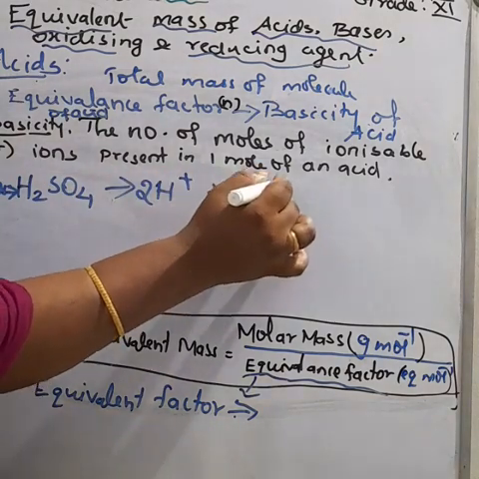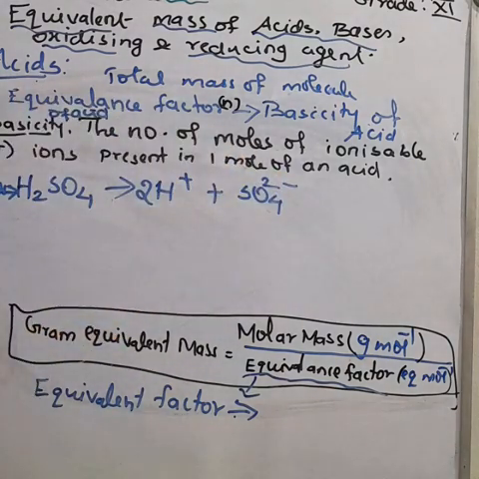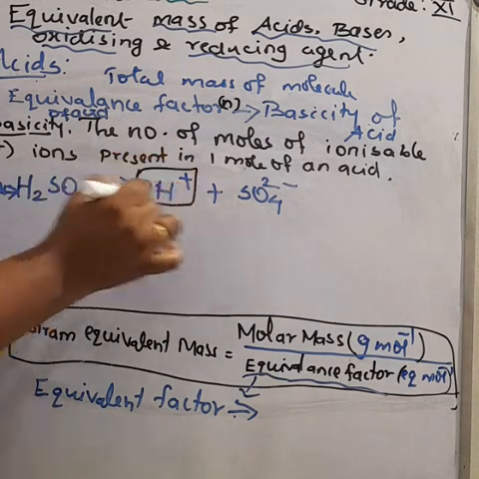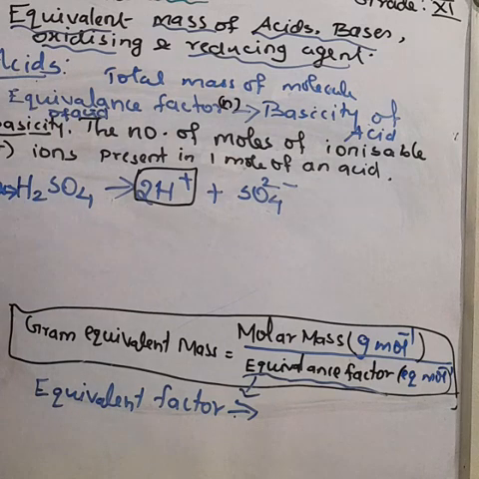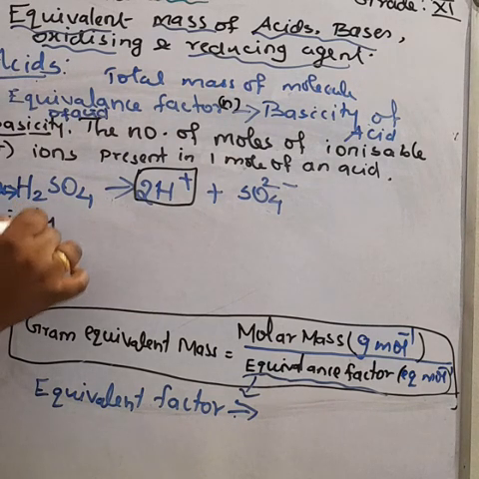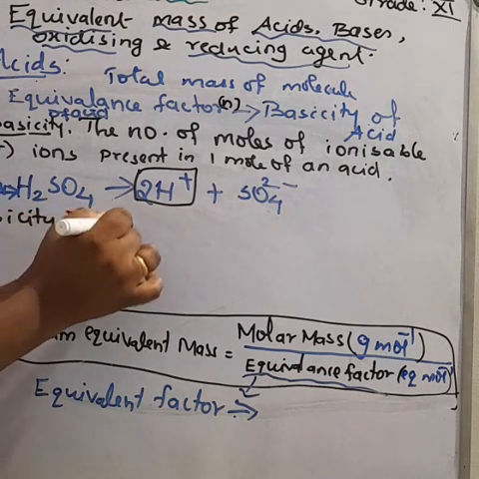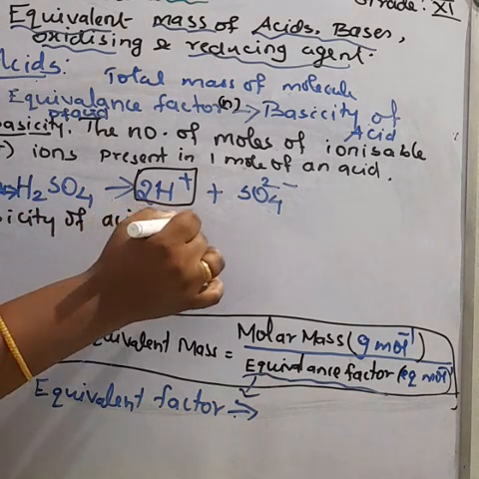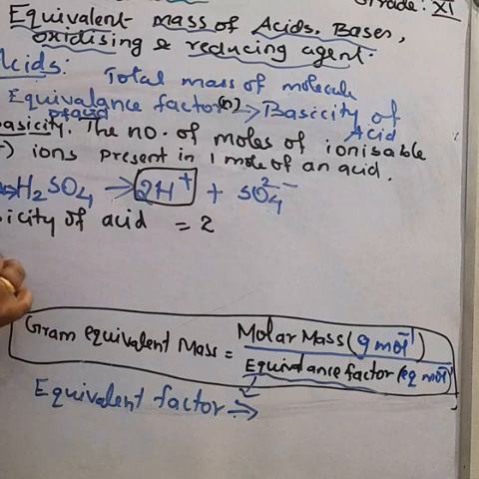So 2 H plus ions are present. What is the basicity of the acid here? It is 2. So what is the equivalence factor for H2SO4?